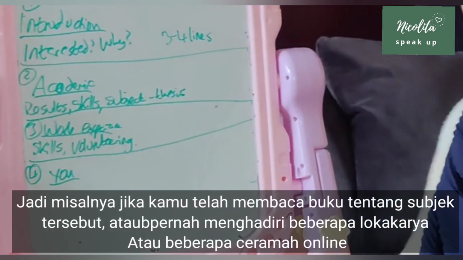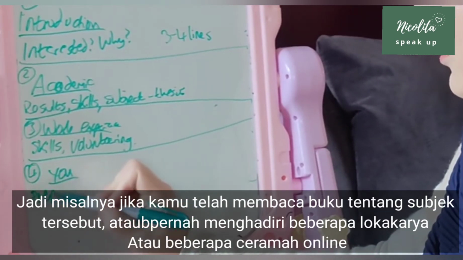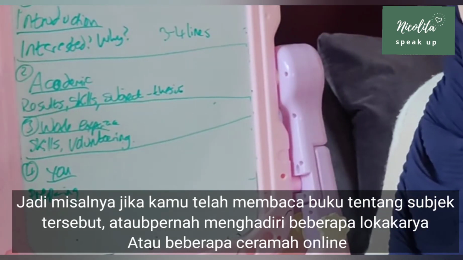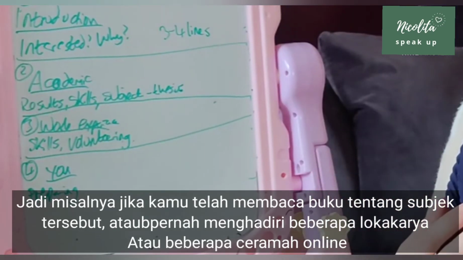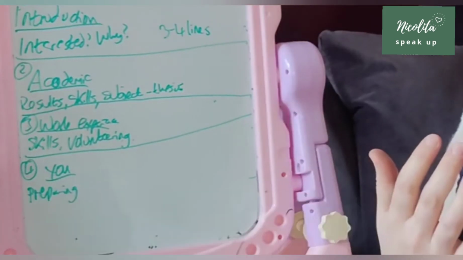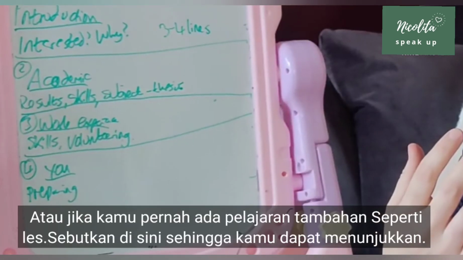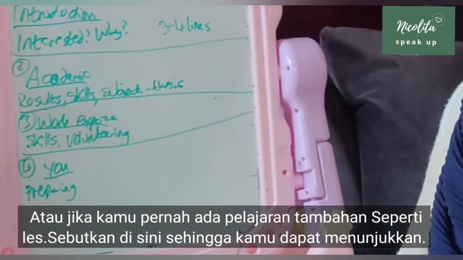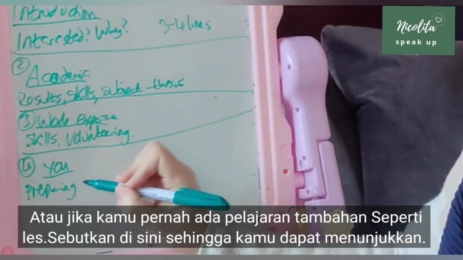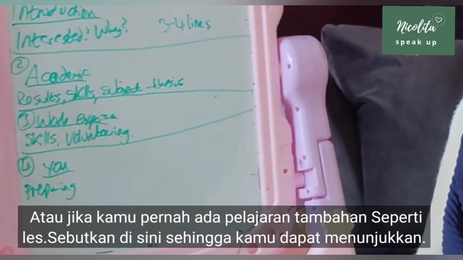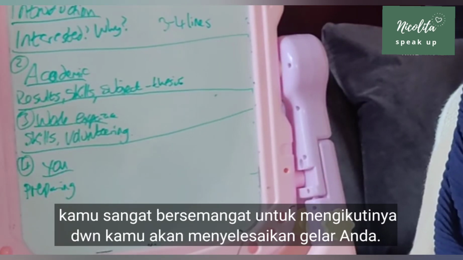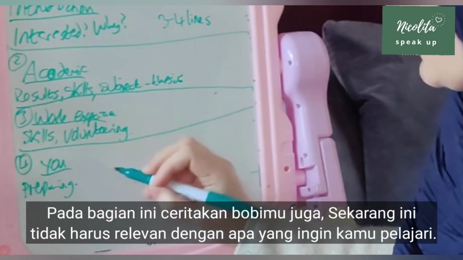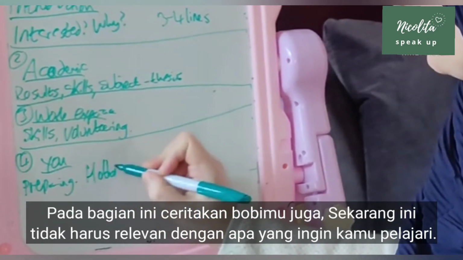So, for example, if you've been reading books on the subject, or you have attended some lectures or some workshops, even if they're online, or if you have been taking extra lessons, like tutoring lessons for yourself, mention it here so that they can see that you know about this subject and that you are really passionate about following this through, that you are going to finish your degree.